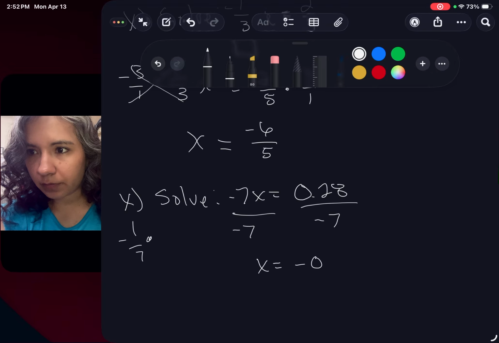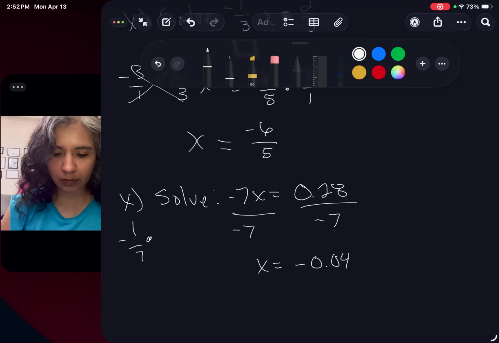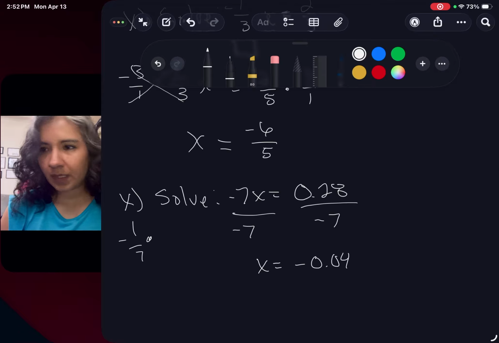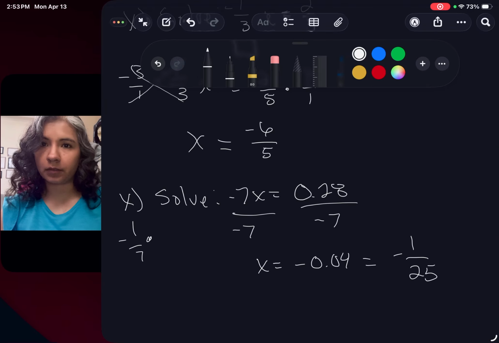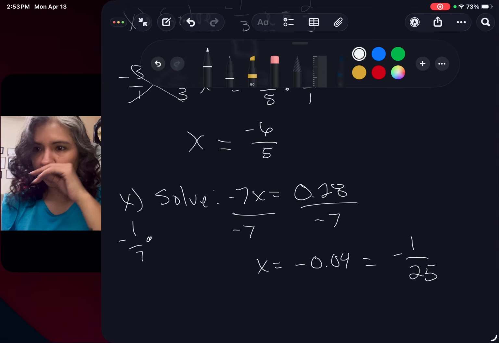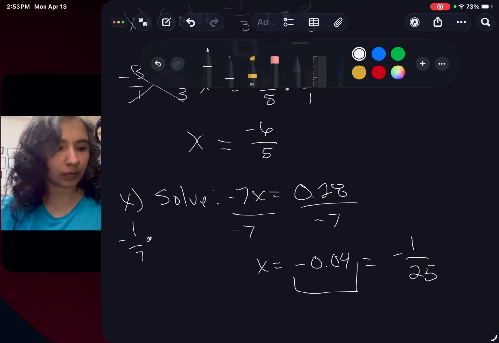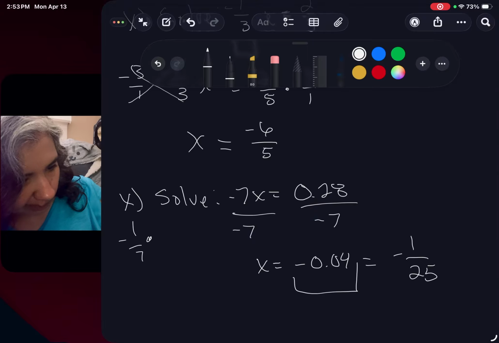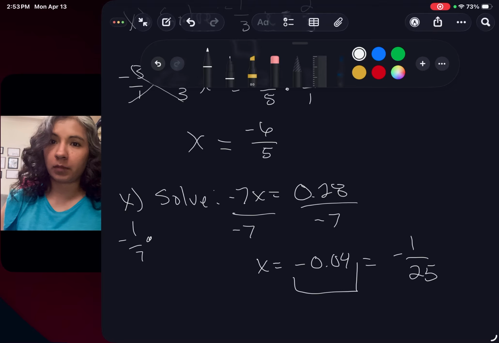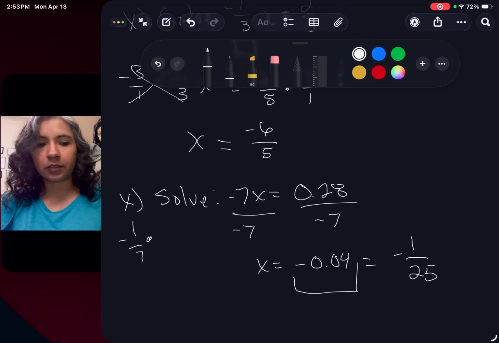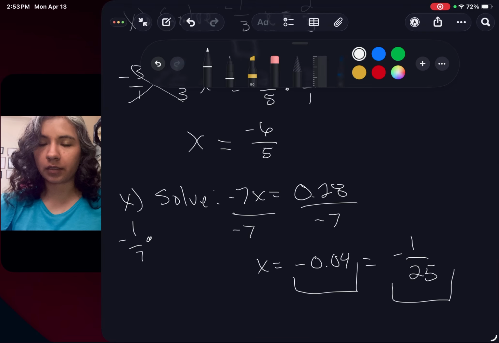Which gives us negative 0.04. If you happen to know that this is the fraction negative 1 over 25, you could do that. But you can just leave it in decimal form. They are the same answer. In my opinion, I think it depends on the teacher that is teaching you, because they can always plug this into a calculator and check.